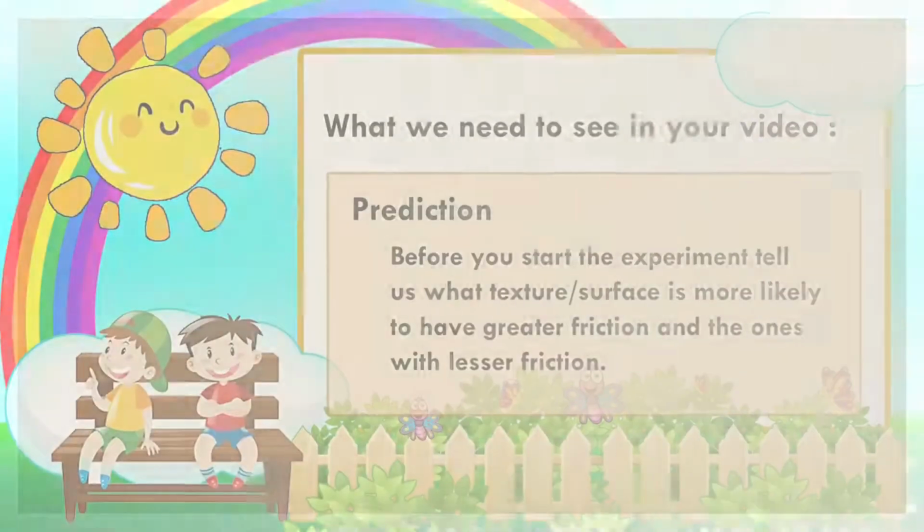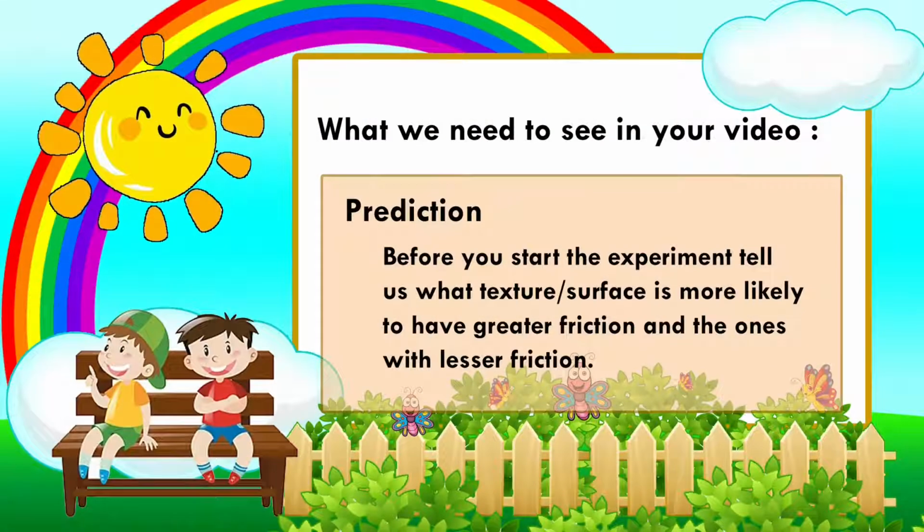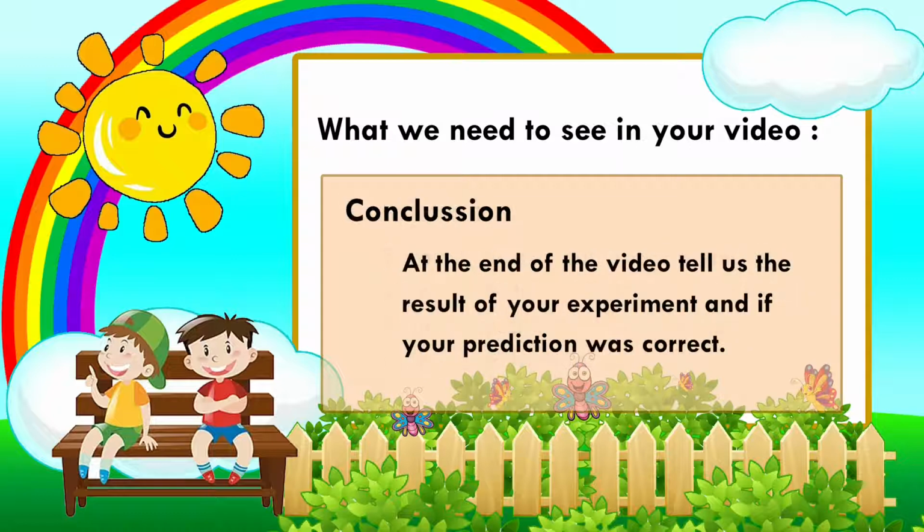And then you are going to give us your prediction. Before you start the experiment, tell us what texture or surface is more likely to have greater friction, and also the one with lesser friction. Then you do the friction ramp experiment, and after the experiment you give us your conclusion.